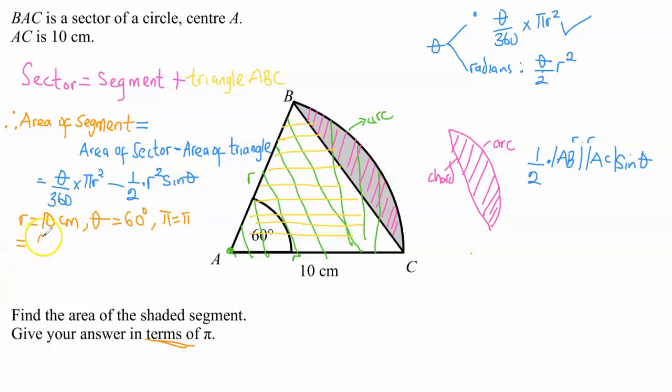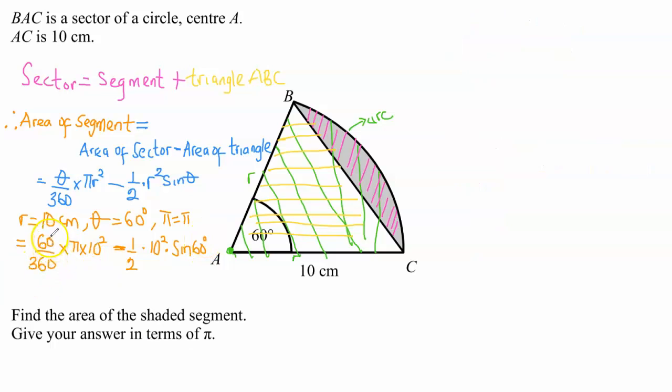Theta is 60, so this is 60 over 360 times pi times the radius 10 cm, that's 10 squared because we've got r squared here, then minus 1/2, radius is 10, so this is 10 squared, multiplied by sine theta, that's sine 60 degrees.